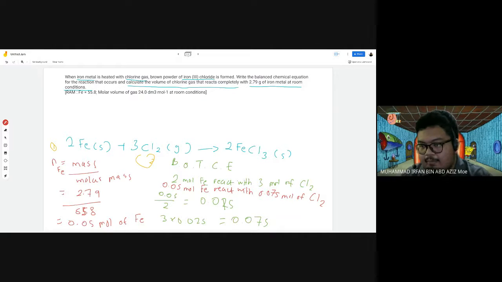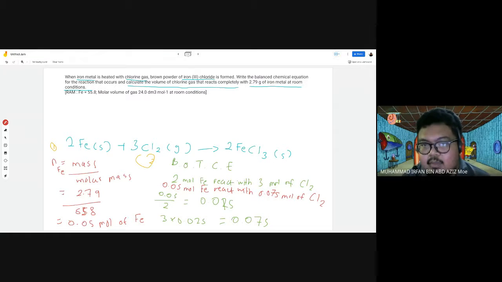The molar volume depends on the conditions. In this question, the condition is room condition, so it will be 24.0 dm³. Number of moles times by molar volume.